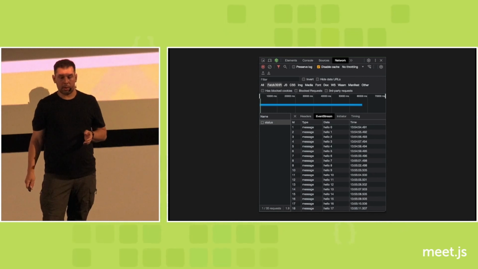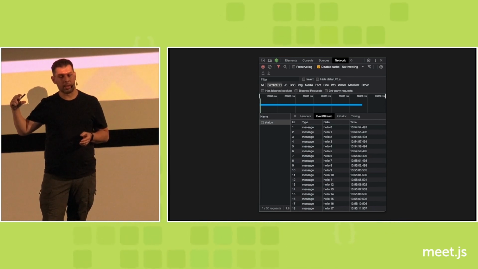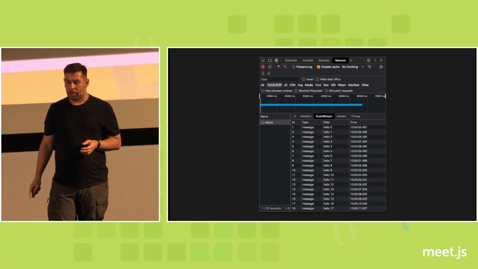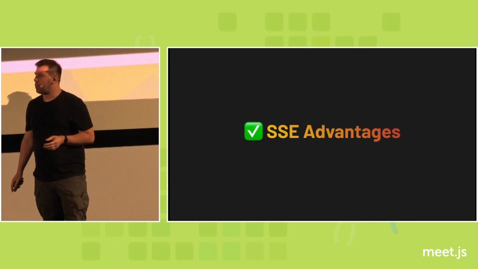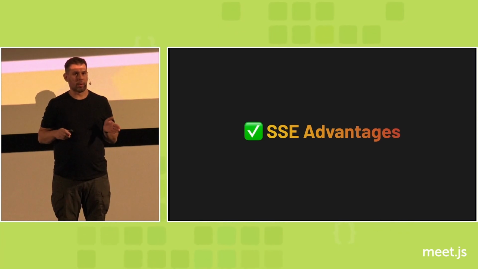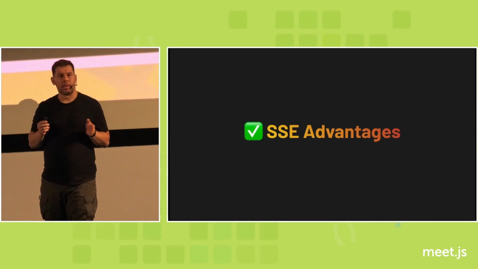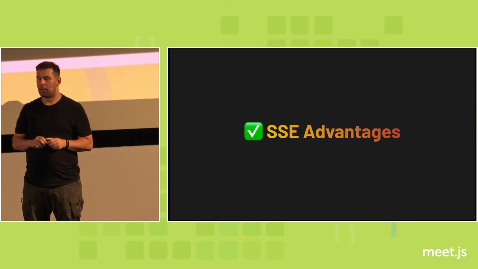In the Network section, there is an EventStream tab, and we have the same situation when our front-end is correctly implementing server events. Okay, we have many advantages of using this form of communication. So in your application, of course, you need to discuss and choose if it's a good way to solve business problems.